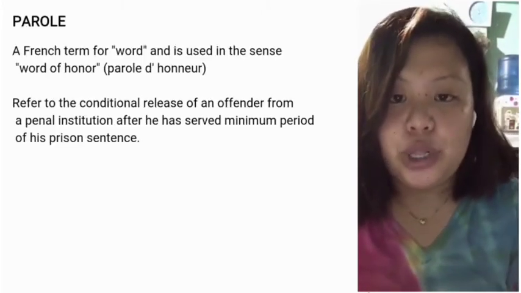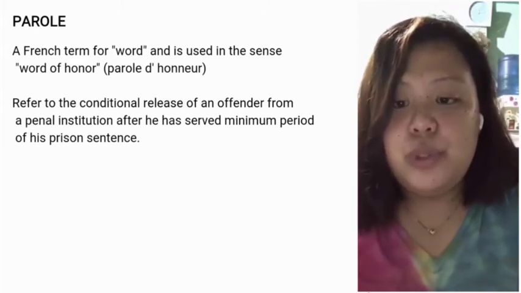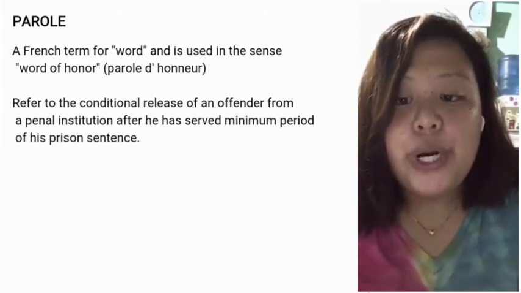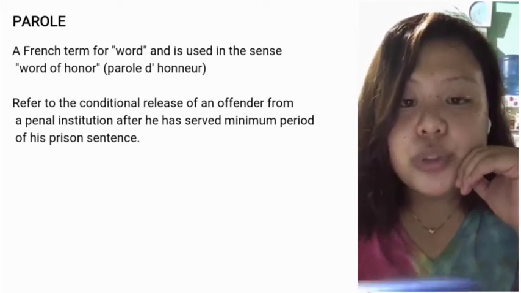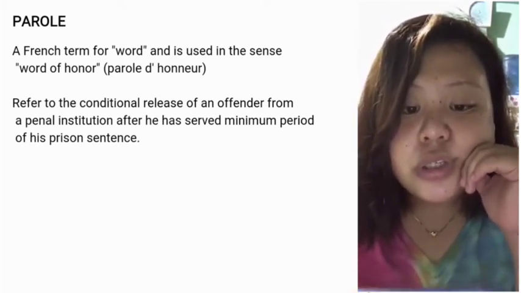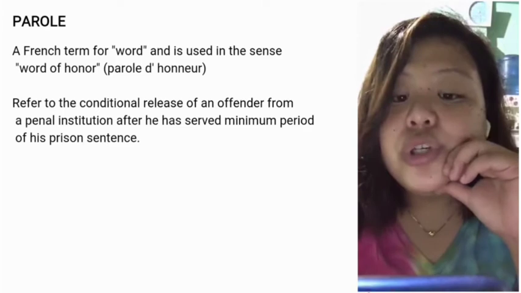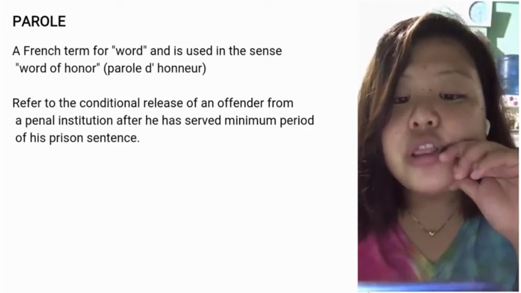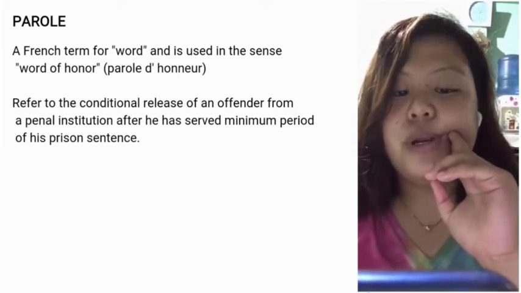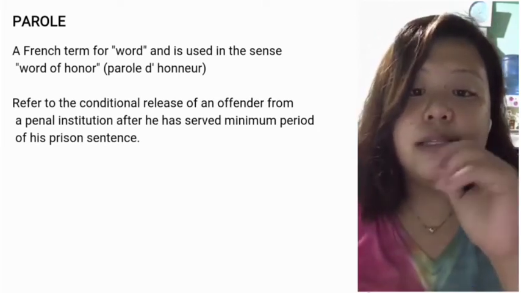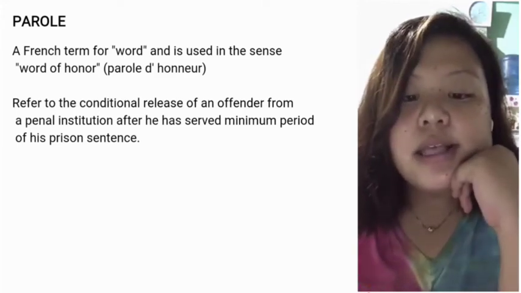So, hi guys, I'm here to tackle all about parole. So, what is parole? Parole comes from a French word, and it is used in the sense of word of honor. It refers to the conditional release of an offender from a penal institution after he has served the minimum period of his prison sentence.